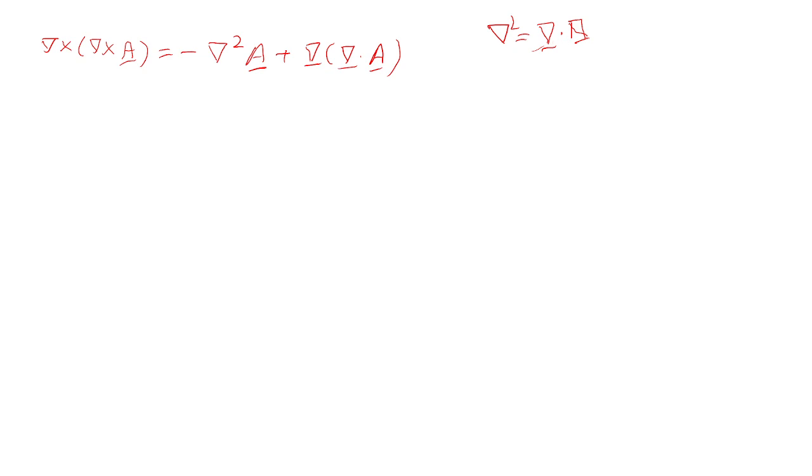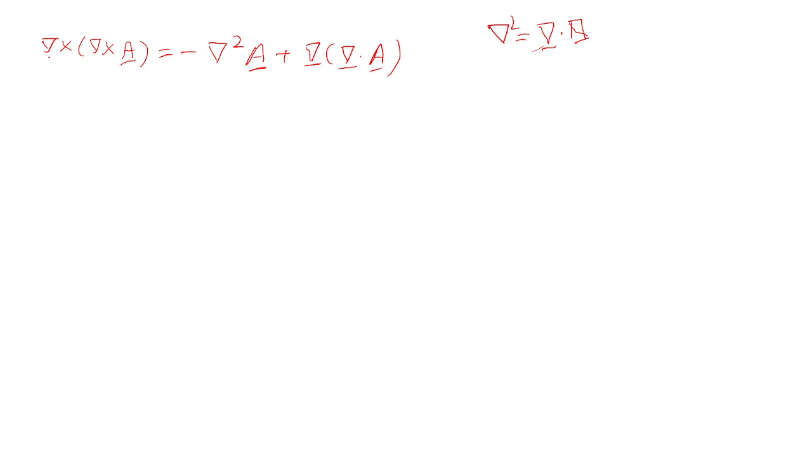You see, this is curl of curl A, and it is equal to minus nabla square A vector and plus gradient of divergence, del operator, del dot del, that is nabla square.